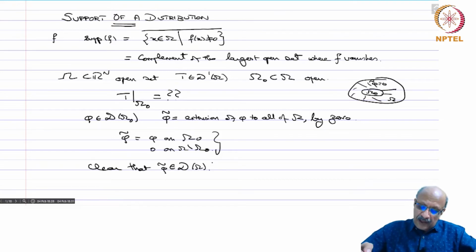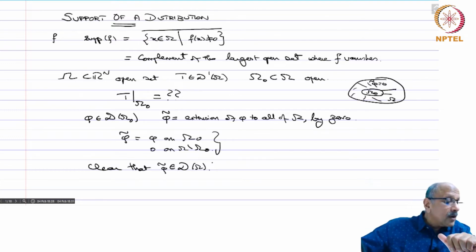The support of phi is a compact set contained inside omega naught, so fairly close to the boundary, phi will be 0, and you are further extending by 0, so there will be no difficulty for the continuity of the derivatives and so on. Therefore phi tilde belongs to D of omega.